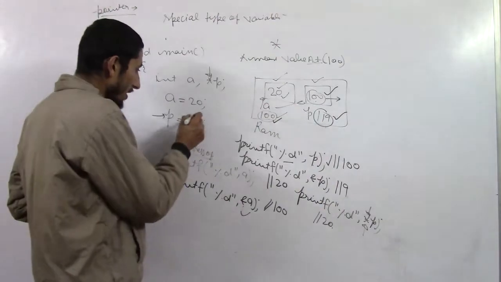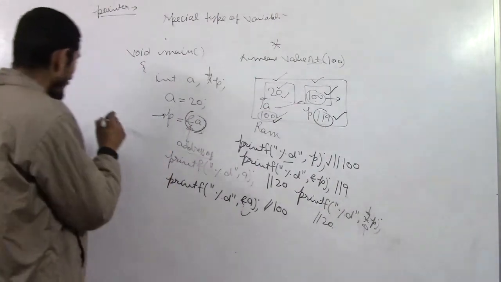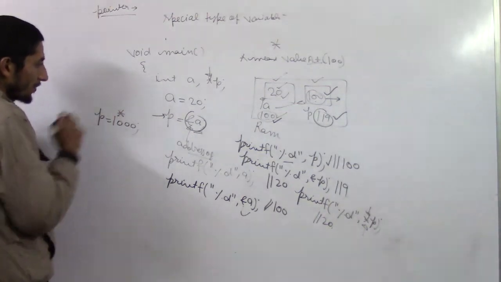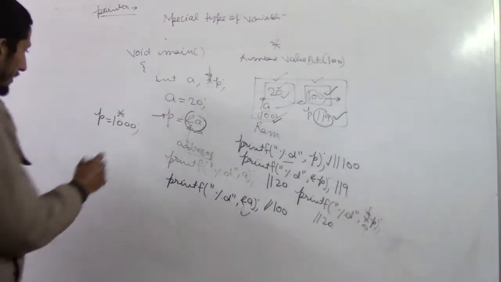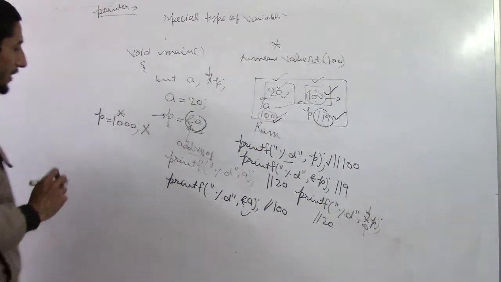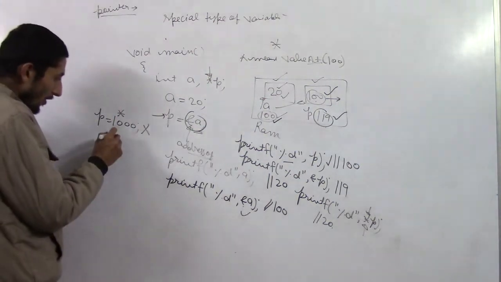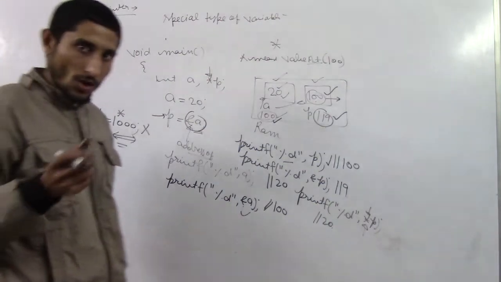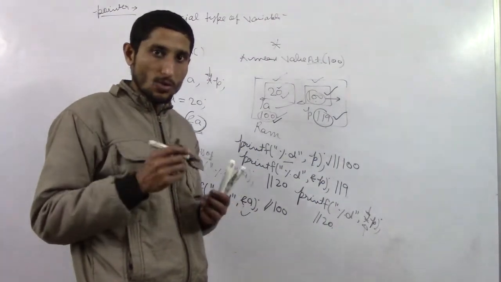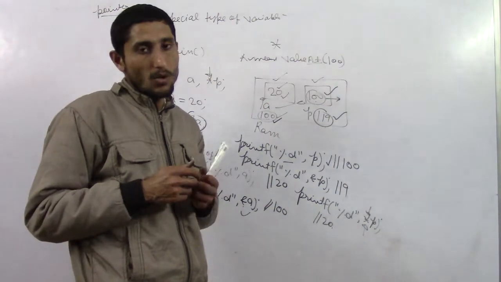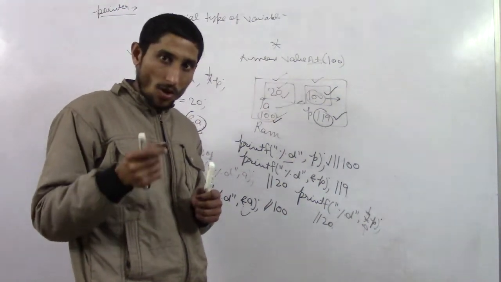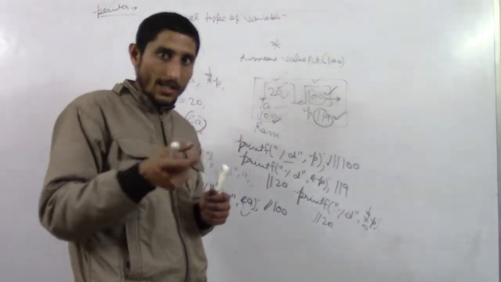What is going to happen? We have assigned the address, like p equals 100, 1000. That is not legal, because in RAM it might be that address 100 is used by another process, and you are not authorized to enter another process. That's why it is good practice in C not to try illegal access.